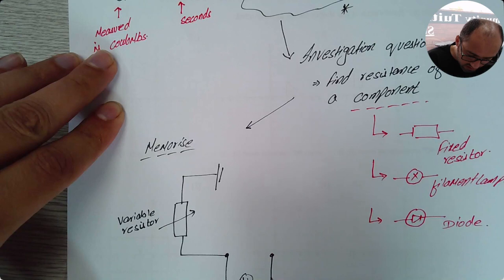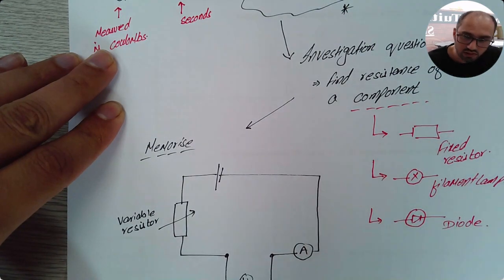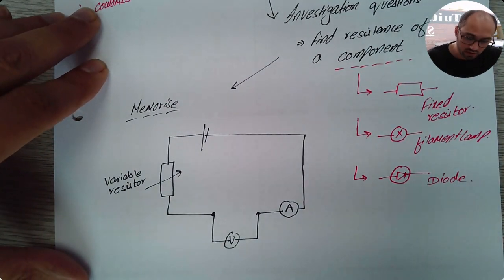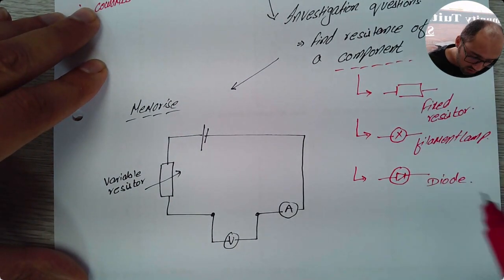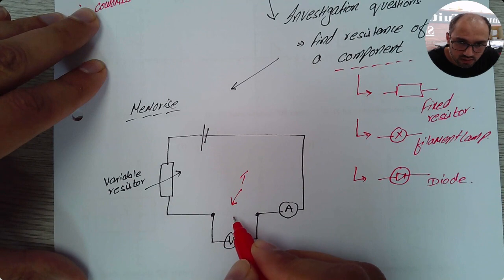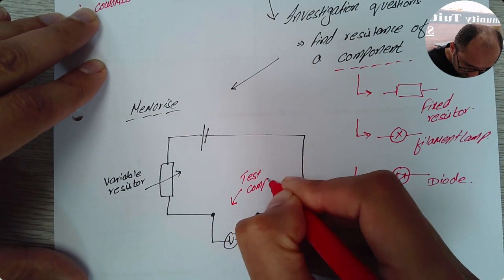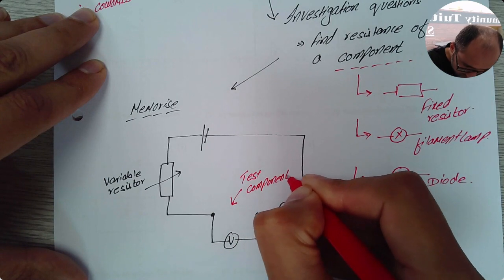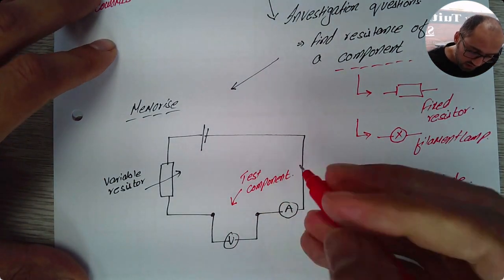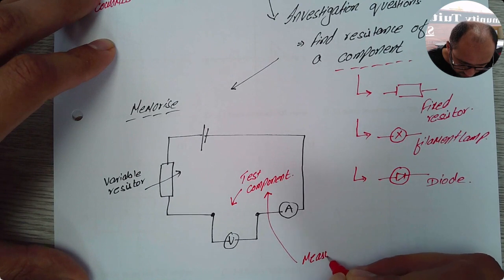It's my voltmeter. I'll have an ammeter. So this is something that you'll have to memorize. I've left this location empty. This is the location where you'll add the test component. And we will have to measure its resistance.